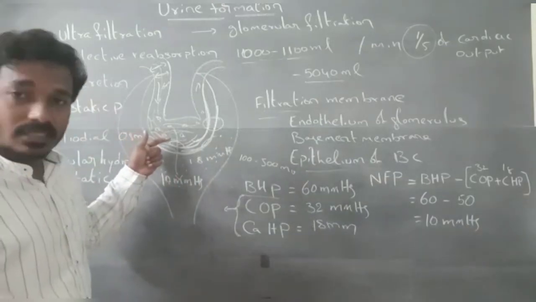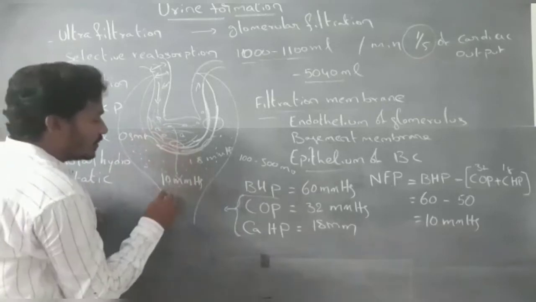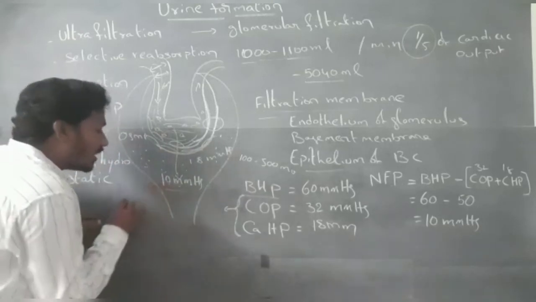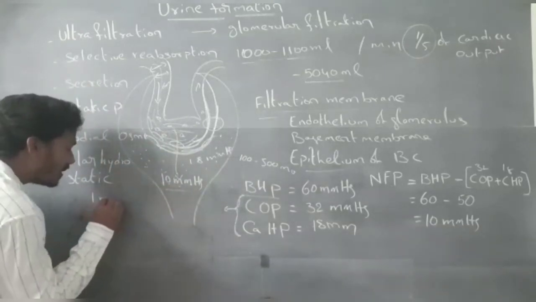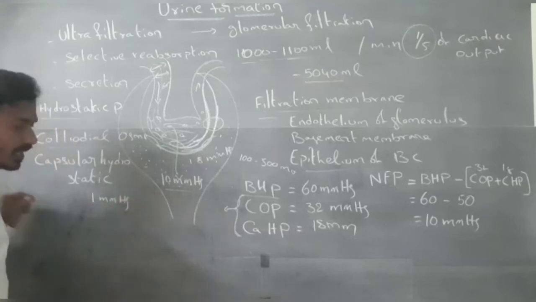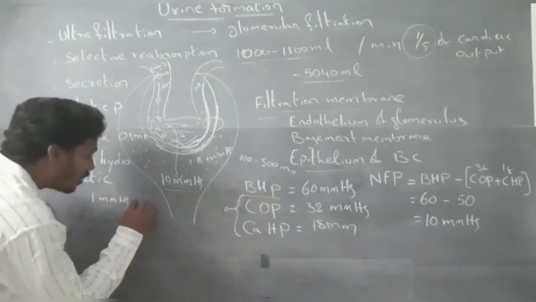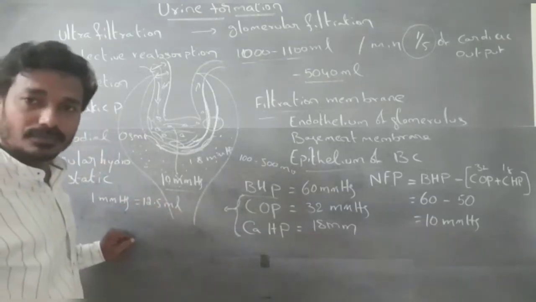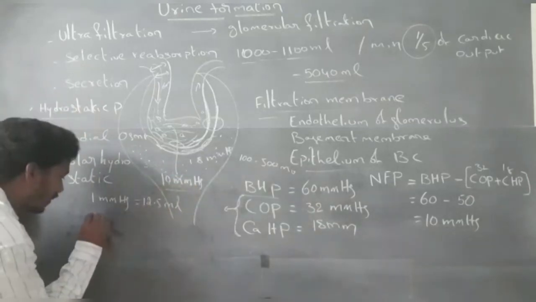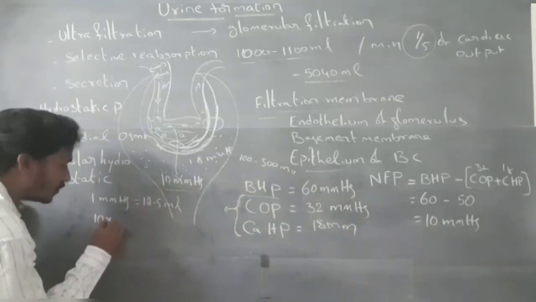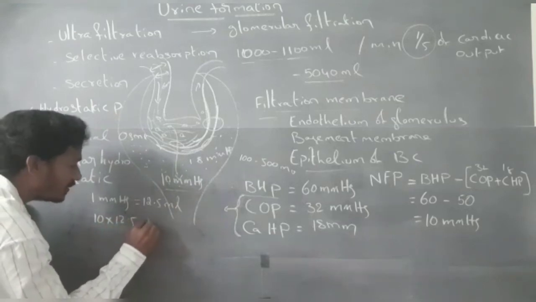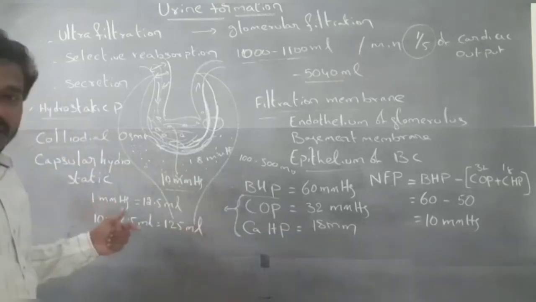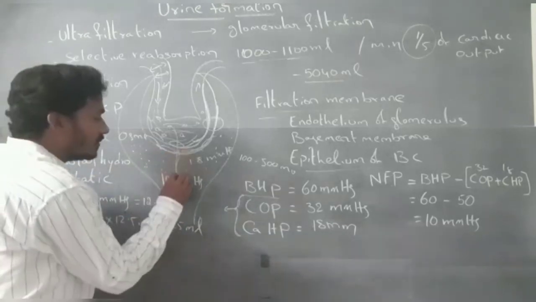The filtration of fluids occurs by 10 mmHg pressure. For 1 mmHg pressure, the filter rate is 12.5 ml of blood. So 10 mmHg into 12.5 ml is equal to 125 ml of blood filtered per minute.